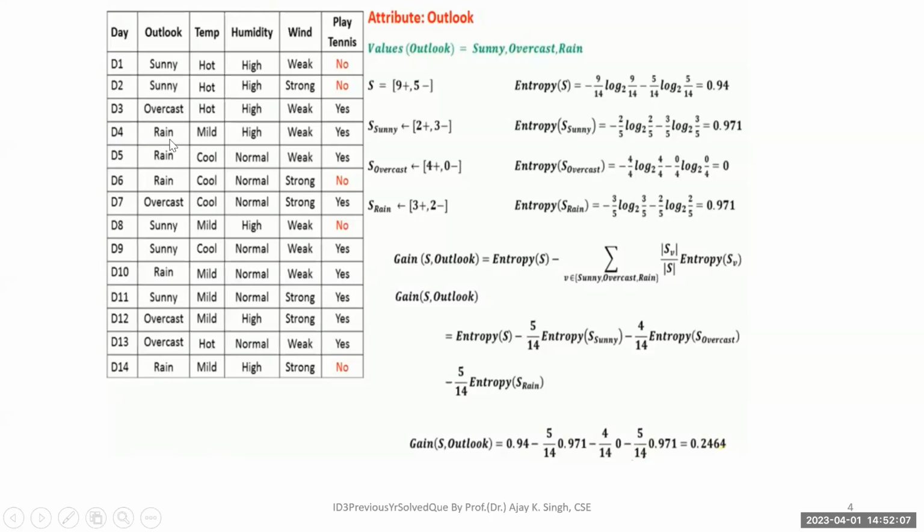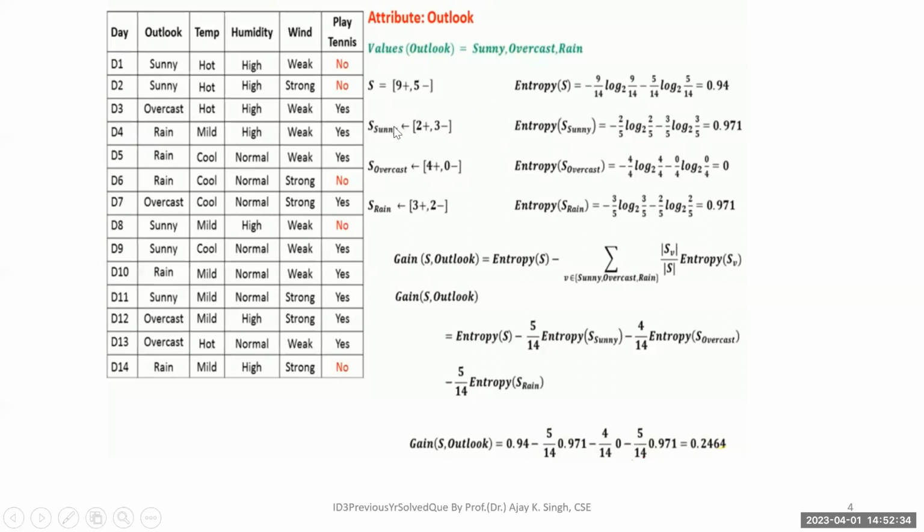In outlook, we have 3 different properties: sunny, overcast, and rain. Overcast means cloudy. It is still not raining, but it is cloudy. And rain means it is raining. So 3 different aspects we are going to cover.